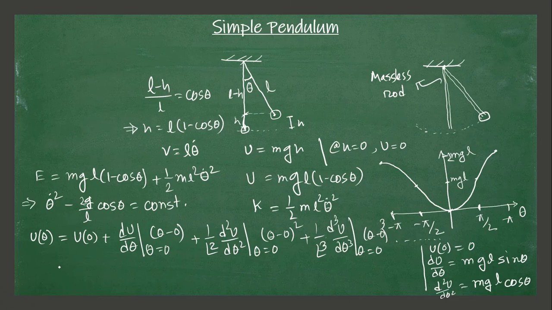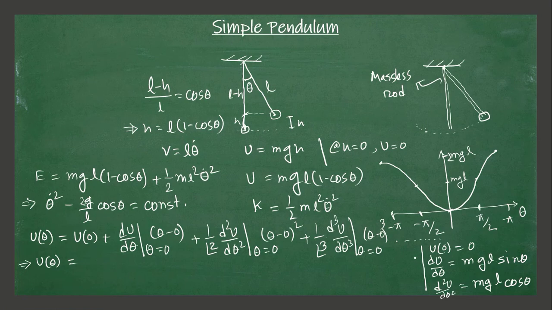Okay, so here we can write u of theta to be equal to u of 0. We have set that to be equal to 0, so it is 0. Then we have du d theta evaluated at theta equals 0, and at theta equals 0 sine 0 is equal to 0, so it should return you 0 as well.